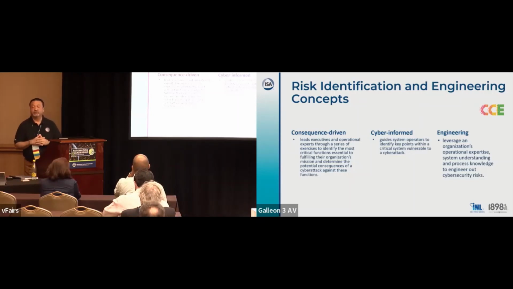So what do we do now? As engineers, as designers, as architects, we've got to build around that. So CCE, the consequence-driven cyber-informed engineering, goes through that piece of it. And basically, it unravels the same as the 62443, but it quantifies the likelihood as 1, right?